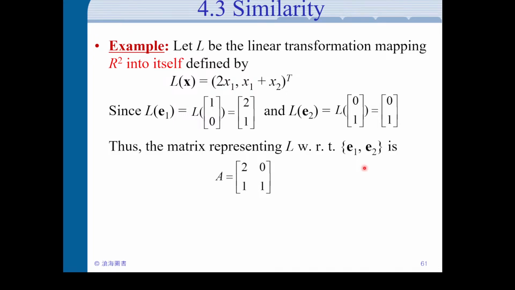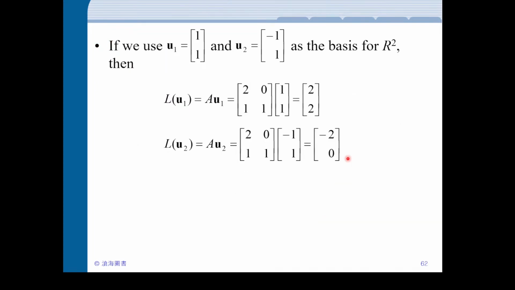Now let's do a change of basis, and we can think about this geometrically. E1, E2 is the coordinate system with respect to the standard X and Y coordinates, and then maybe we can have a basis in a different direction. We want to see how the coordinates in this basis change.